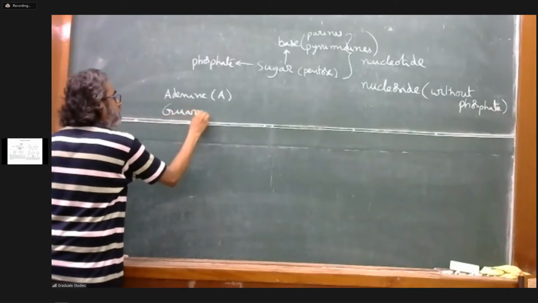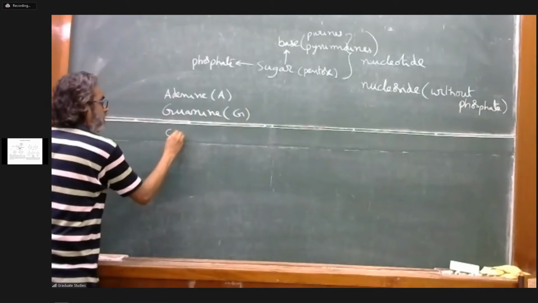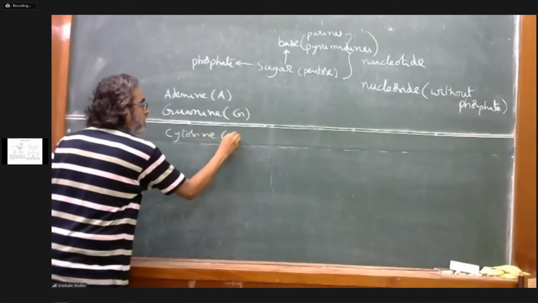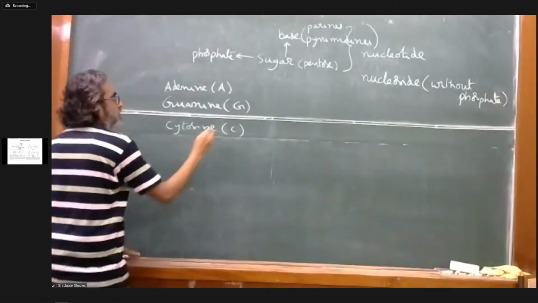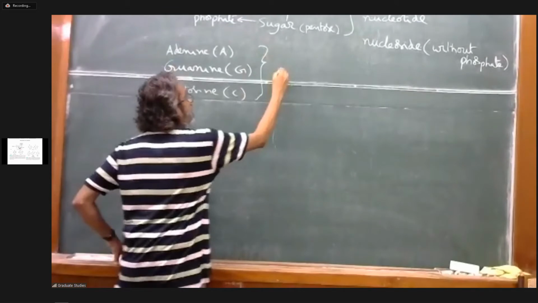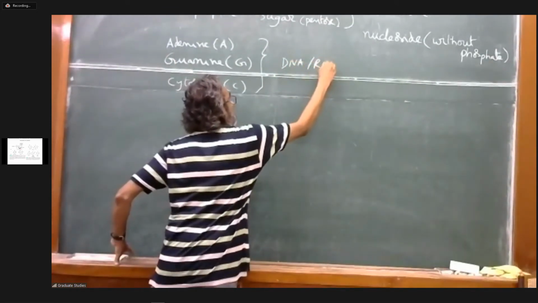Guanine, G, cytosine, C. So these 3 are common for both DNA or RNA.